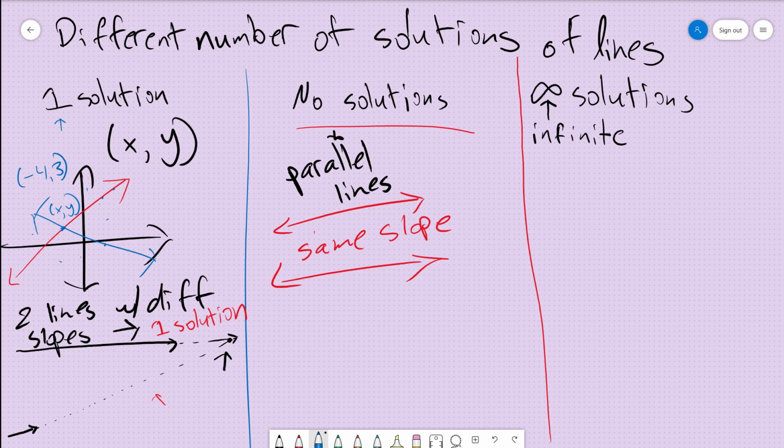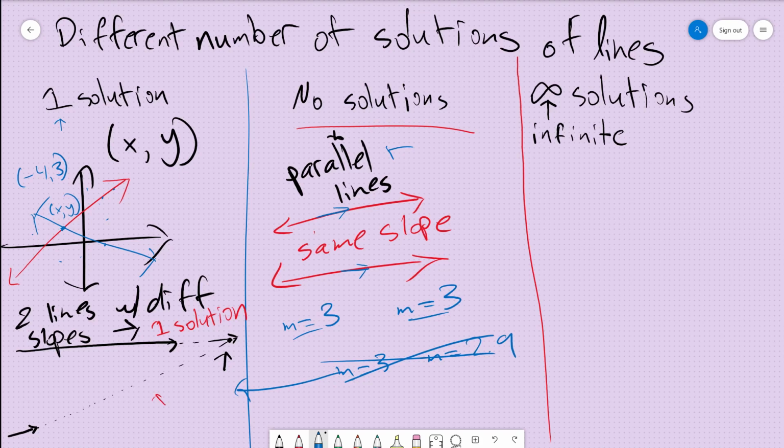Numerically, your slope equals 3, and your other slope is also 3. Even if you have a slope of 3 and a slope of 2.9, these are close, but not the same, so they're not parallel. It's got to have exactly the same slope, but start in different places, to be parallel lines and have no solution.